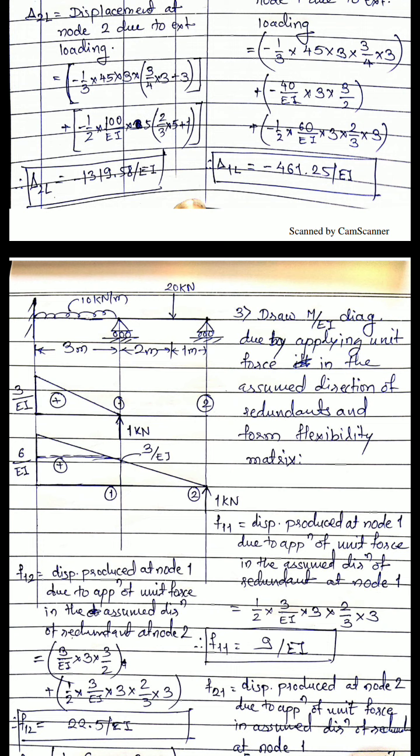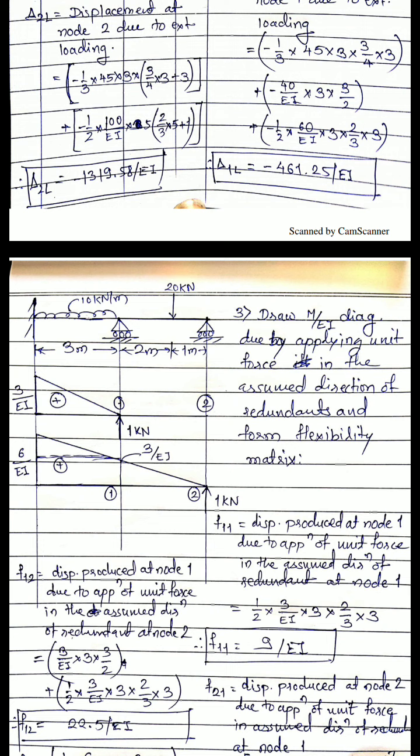So we have applied here a 1 kilonewton force in the assumed direction of RB, that is in the upward direction, and you have to draw the M by EI diagram with the help of this force. So if you apply a unit force at point B, you have to draw the M by EI diagram. That will be a simple triangle with a height of 3 by EI.